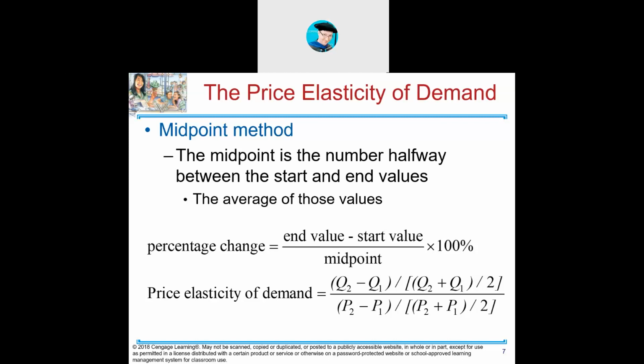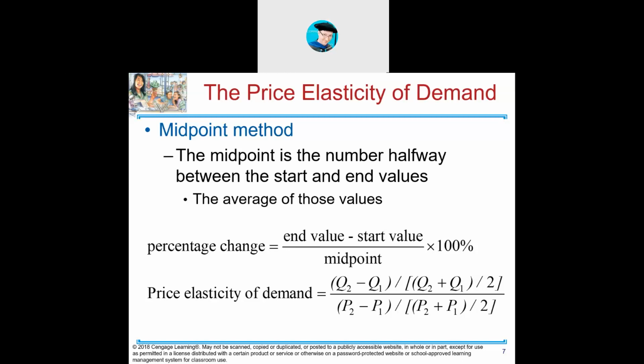So looking at the percent change for the midpoint, we have end value minus start value divided by midpoint. So let's break that down. Our end value, Q2, minus Q1 divided by (Q2 plus Q1) divided by 2, right?